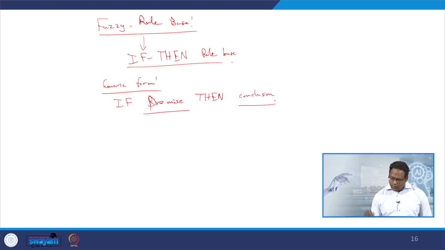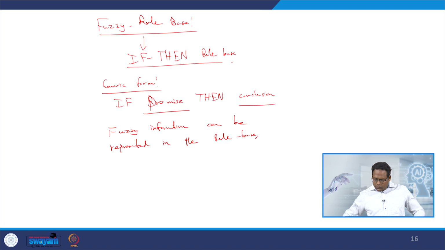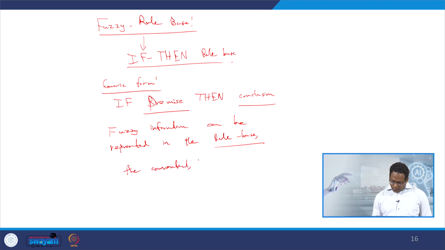If you have an introduction, then conclude it. Fuzzy information can be represented in the form of rule base, which consists of a set of rules in the conventional premise conclusion form.